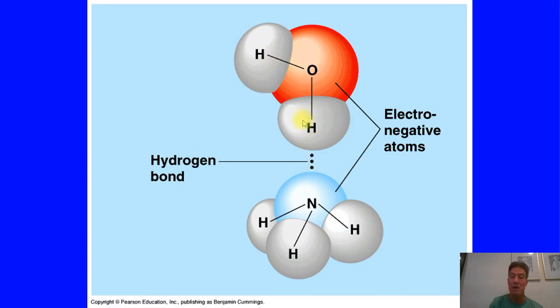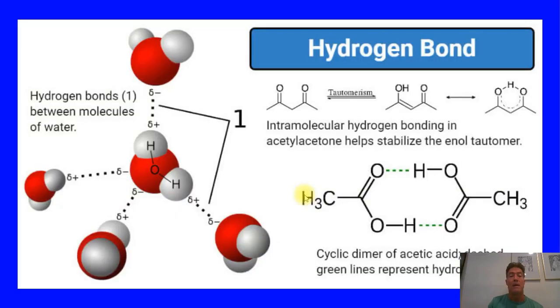The covalent bonds are here, but there's a hydrogen to electronegative atom bond there known as a hydrogen bond. You can get these between molecules that are different, in this case, or between molecules that are the same. So we have hydrogen bonding that occurs between molecules of water. Right? The partial positive of this hydrogen can get very, very close to the negative charge of this oxygen. And this creates a strong bond.